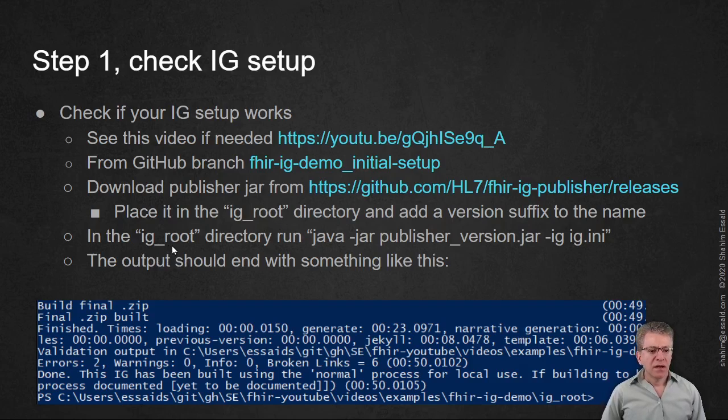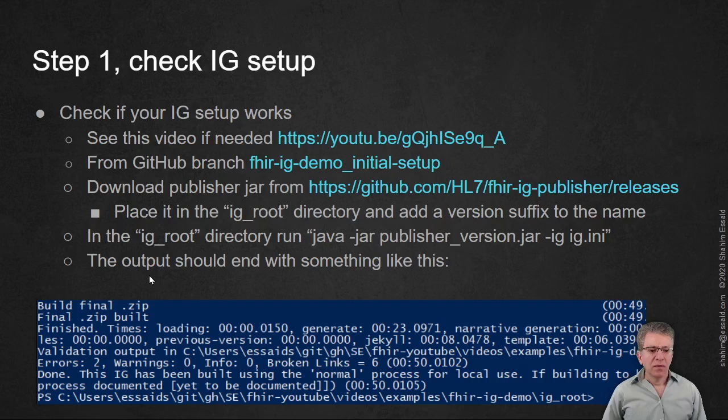Then in the IG root directory, run the command java -jar publisher.jar, with a version number along with the name if you've added one, then -ig ig.ini, and you want to run that in the IG root folder.